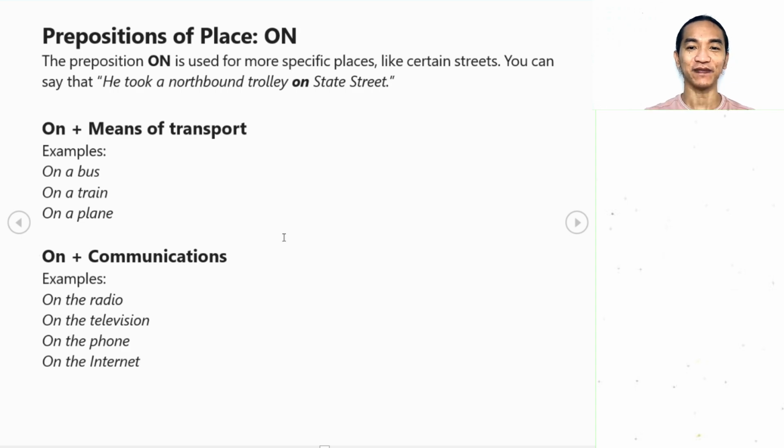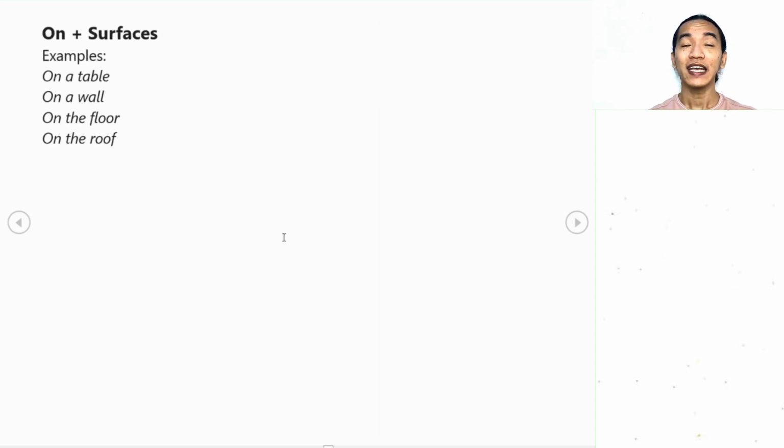Now this is the common use of on, where we're talking about the surface. When it's not inside but just on top of the surface, then we use on. So on the table, not inside the table but just on top of it, on the surface. On the wall, the wall here.